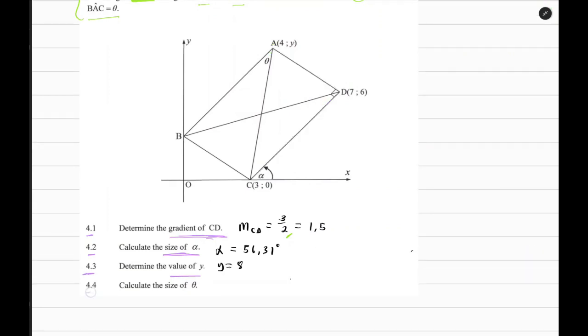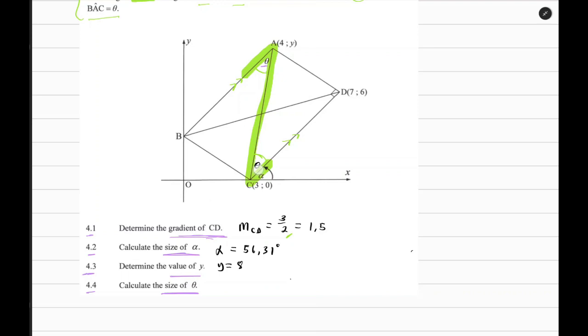And the last question says, calculate the size of theta. So they want us to calculate the size of this angle. I can actually write theta here, reason being these two lines AB and CD are parallel, and we have our Z shape. So it means that these angles are alternate angles.